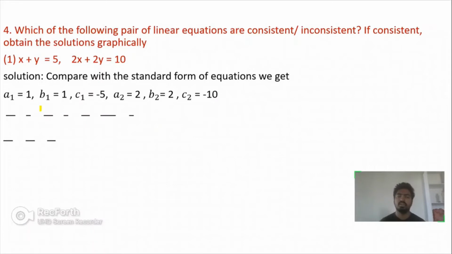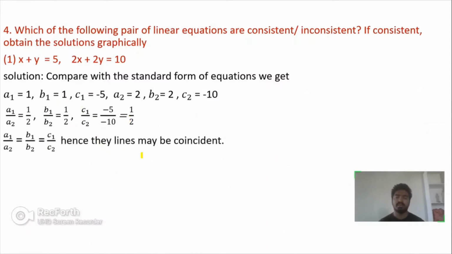So a1 by a2 is equal to 1 by 2, b1 by b2 is equal to 1 by 2 and c1 by c2 is equal to minus 5 by minus 10, that is equal to 1 by 2. Hence, we can clearly observe that the values of a1 by a2, b1 by b2 and c1 by c2 are equal. Hence, their lines may be coincident.